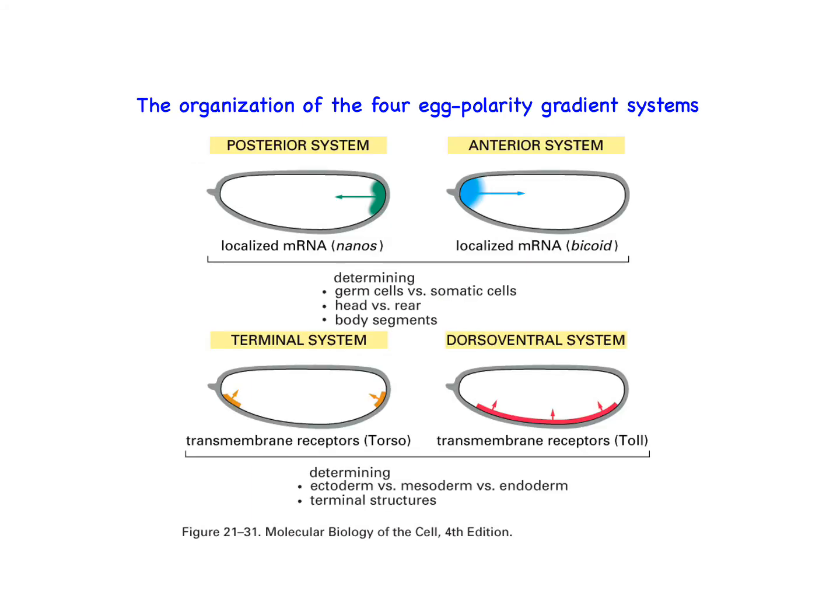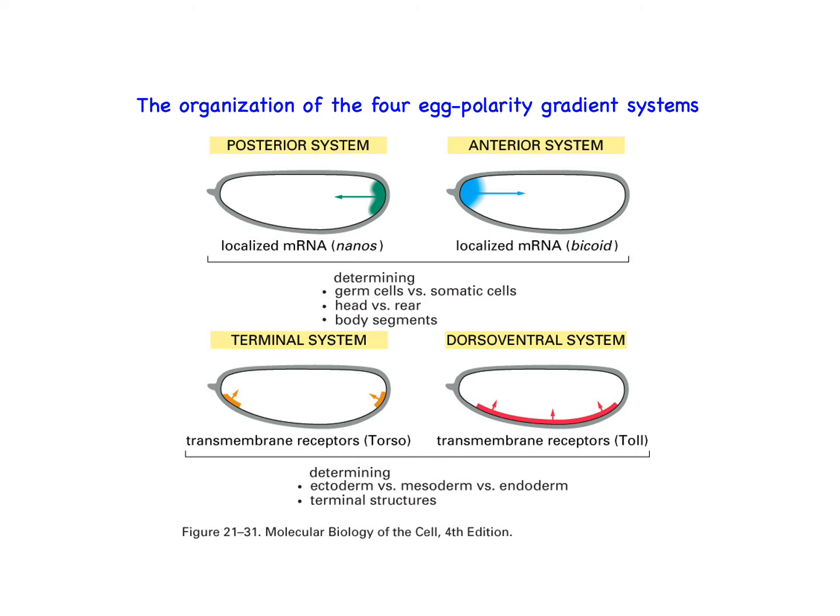Now, again, there are 2 gradient systems set up in the developing fly. One is for the anterior-posterior axis, shown at the top of this figure, where bicoid on the right is expressed at the anterior end and forms a gradient towards the posterior end.